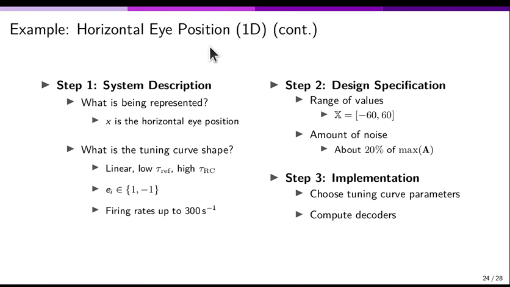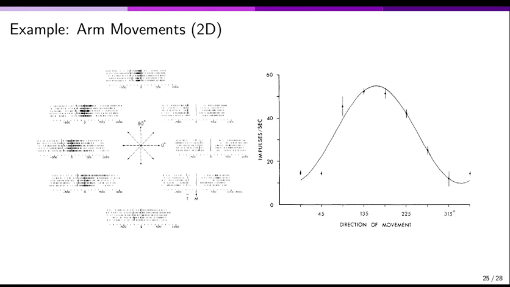What's a more complicated example of representing something? Another very standard early result that really established this idea of neurons having preferred stimuli was some work from Georgopoulos about arm movements.